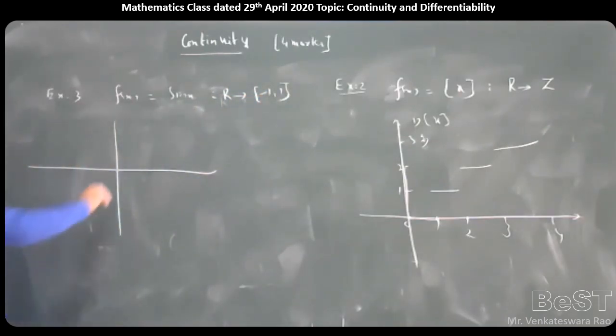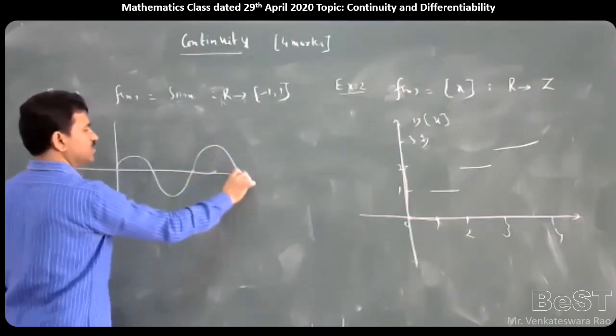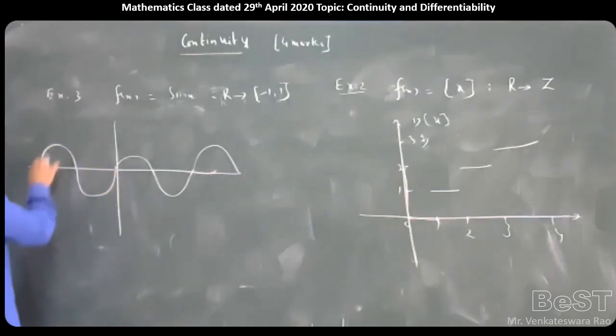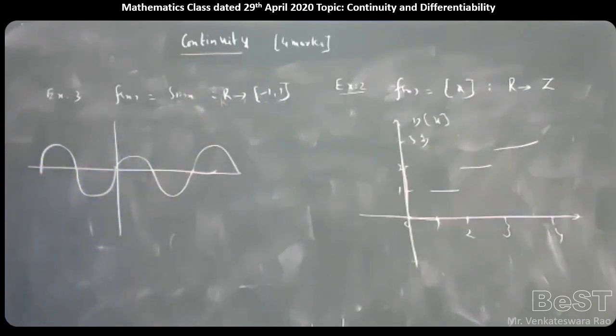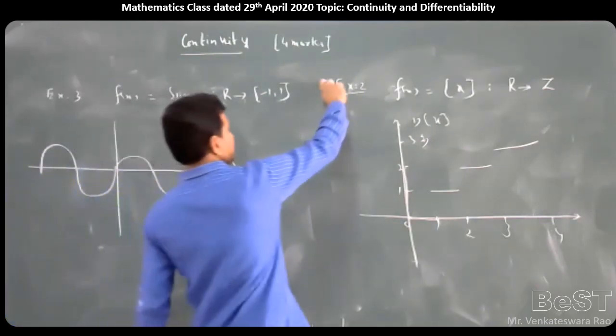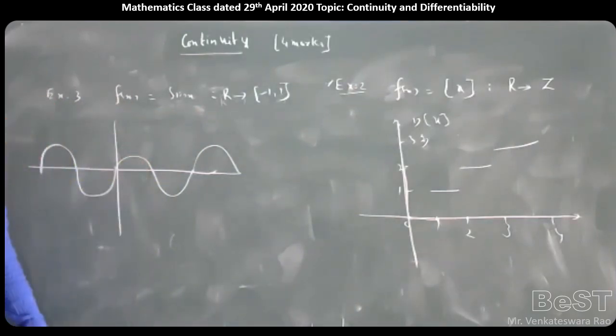See its graph, 0 to pi, pi to 2 pi. Like this it goes. It is continuous on R. So note down. Sin x is continuous on R. So except this one exceptional case, almost every function is continuous on its domain.